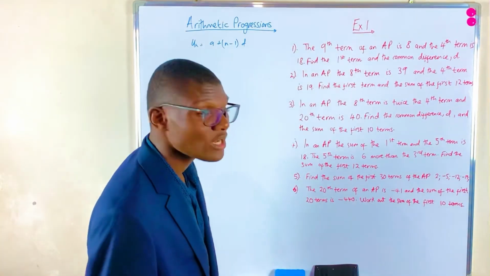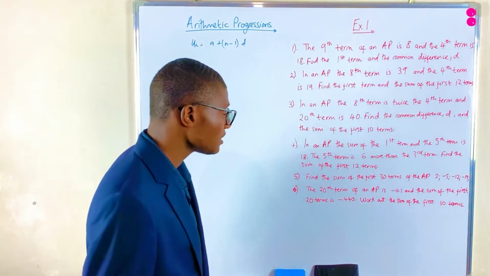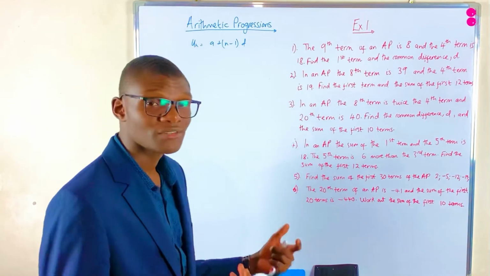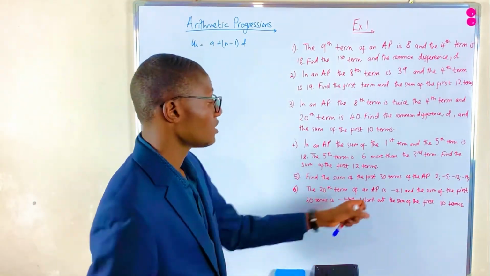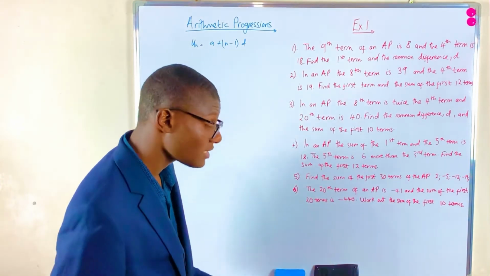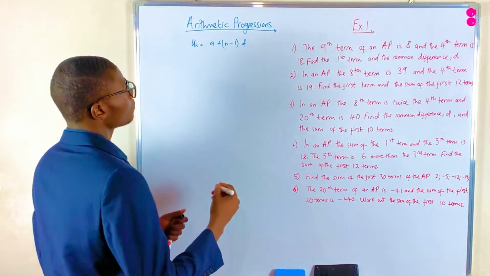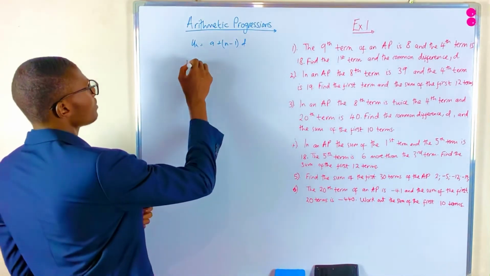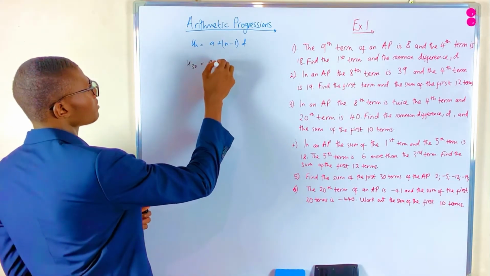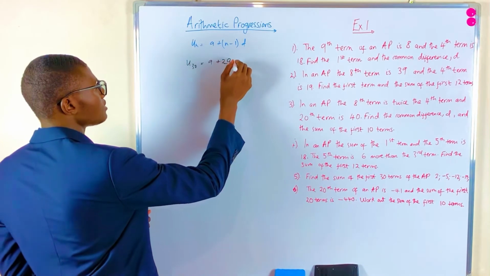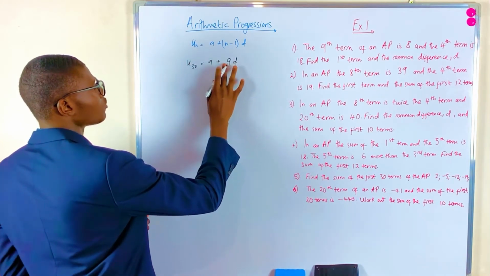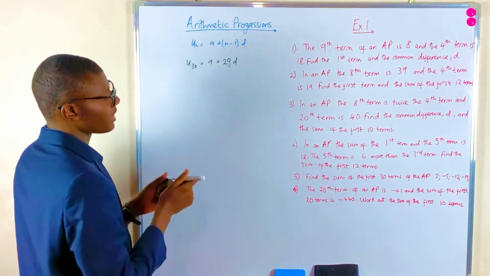So what do we need, right? What we definitely need is to come up with the first term and probably the last term, right? 30 terms, we need the 30th term, right? So U30 would be a plus 29d, right?